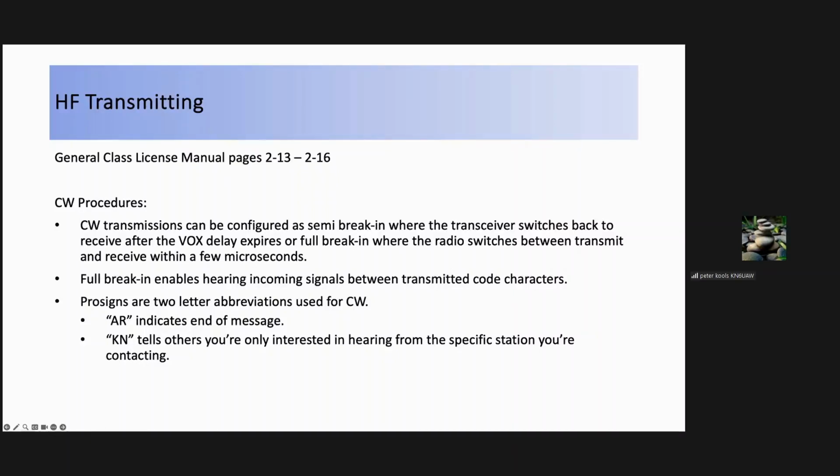If you're doing CW, you're typically in VOX operation because you're using a key, and when there's a tone from the key, you want that tone to be transmitted by the transceiver. So you don't want to be doing any PTT stuff.